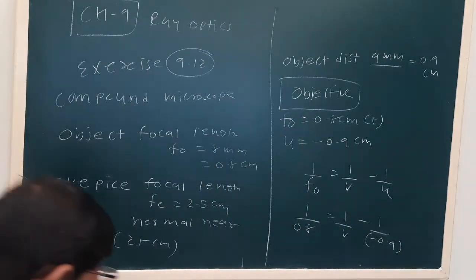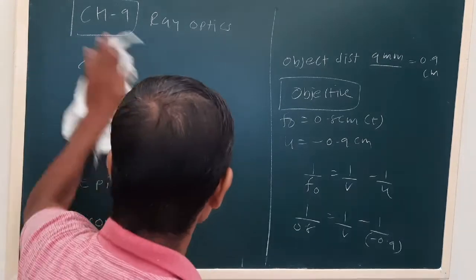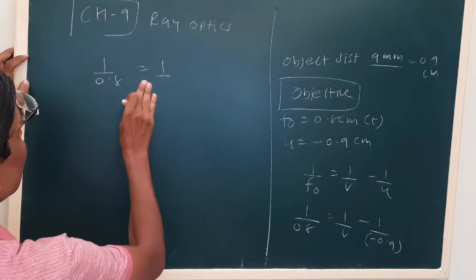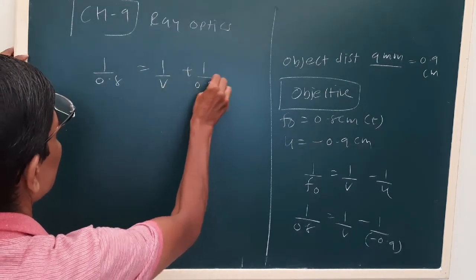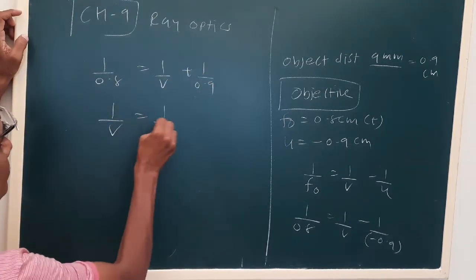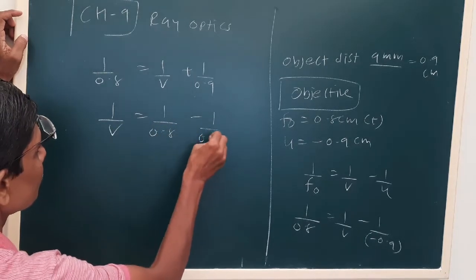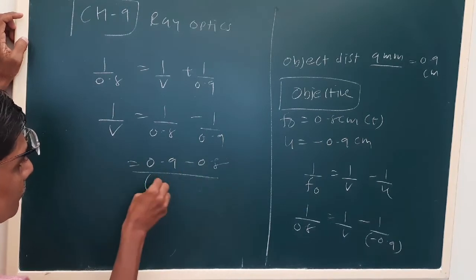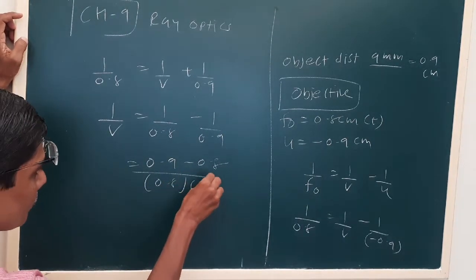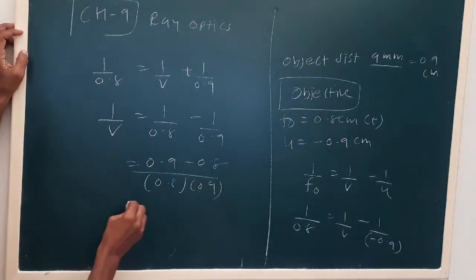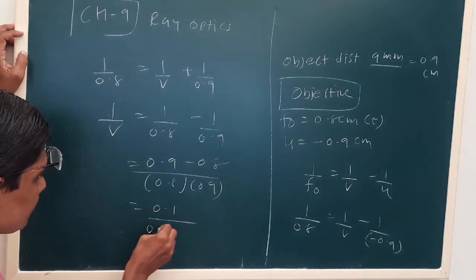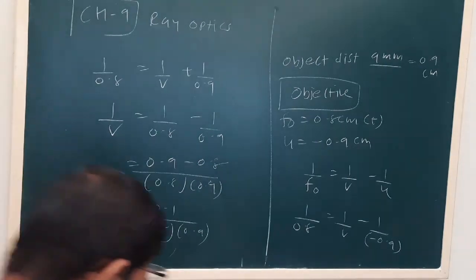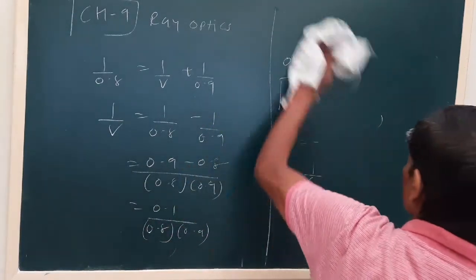Now we can simplify. That is 0.1. Now we can obtain the image distance.